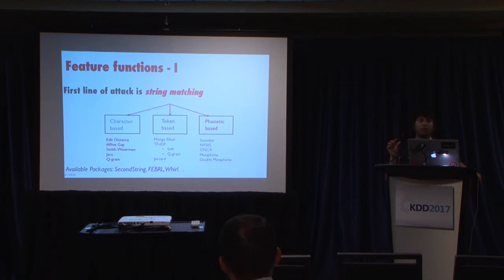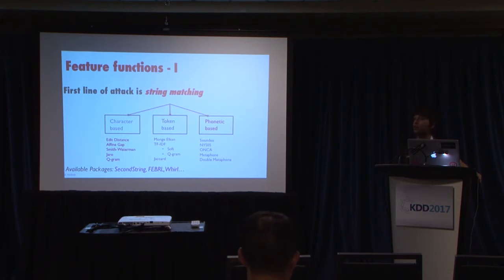If there are some tokens that are different between two addresses, this is something that would be able to capture that. And then the third one, which a lot of people are not familiar with outside the census community, I would say, is the phonetic-based matchers. If there are two strings which sound the same, so you have Catherine with a C and Catherine with a K and a Y in the middle, that kind of thing would be difficult for some of the string similarity measures to catch.